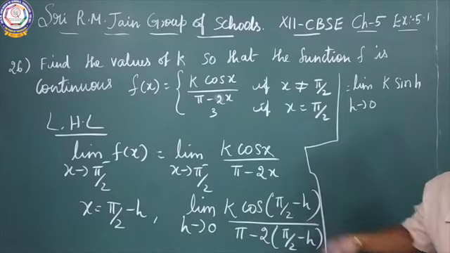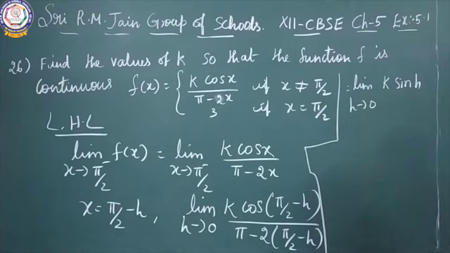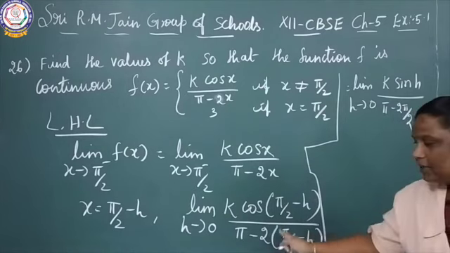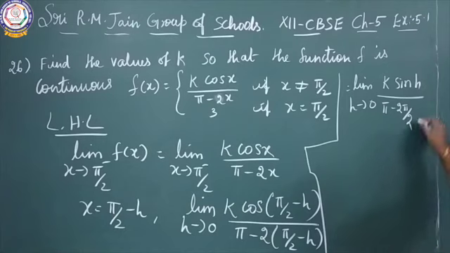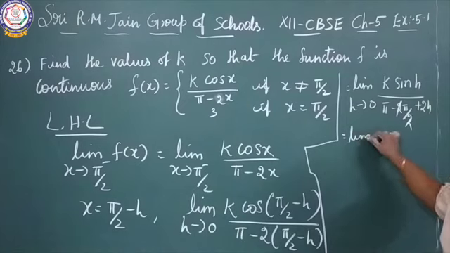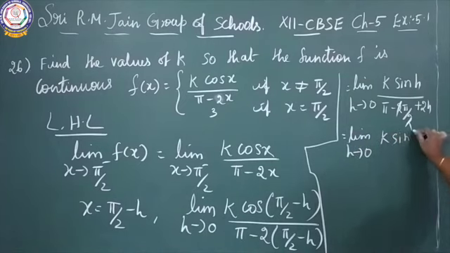So cos of 90 minus theta is nothing but sin theta, by pi minus 2 pi by 2, you bring minus inside, 2 pi by 2 plus 2h, 2 cancel. So it gives limit h tends to 0, k sin h by pi minus pi plus 2h.